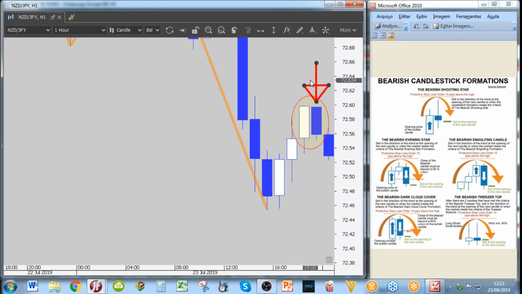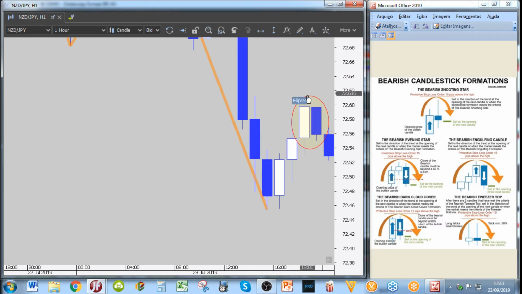Is this a bearish shooting star? Is this a bearish evening star? Is this the bearish engulfing candle? Is this the bearish dark cloud cover? Tweezer tops? You can say whatever, you can say I don't know, right? So yes, this is a bearish dark cloud cover.